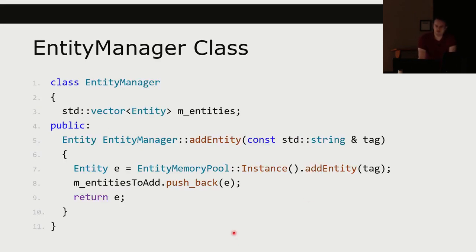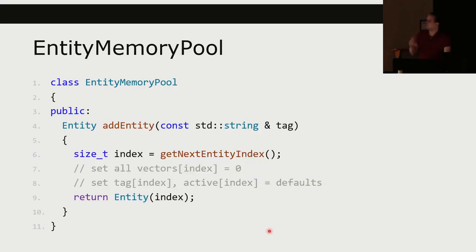So in the entity manager now, the entity manager would have to make a call to the memory pool to add the new entity, right? So no longer is it saying new std::shared_ptr and asking malloc or the operating system where to store that entity. You're asking the memory pool where to store that entity, okay? And inside the memory pool, the most complicated thing of the whole process really, is the addEntity.